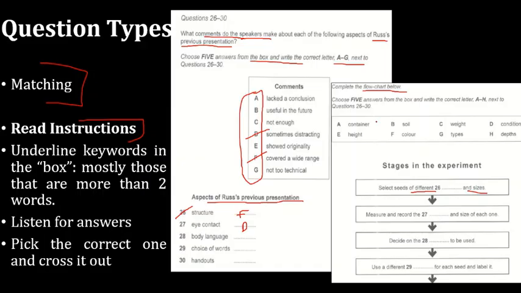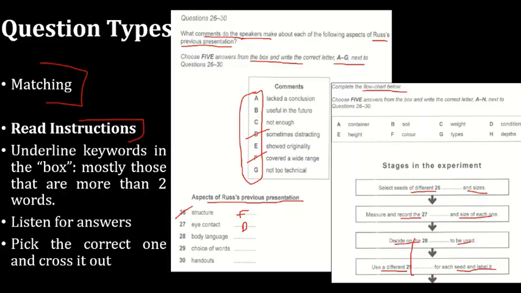All right. So first of all, you have to underline your keywords. Decide on something to use. Use a different one for each seed and label it. So you identify this one is quite like a container or something, but you don't know unless the speaker gets there.